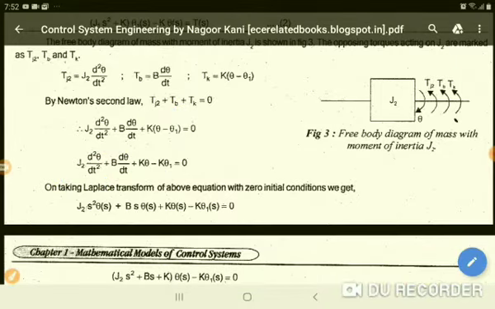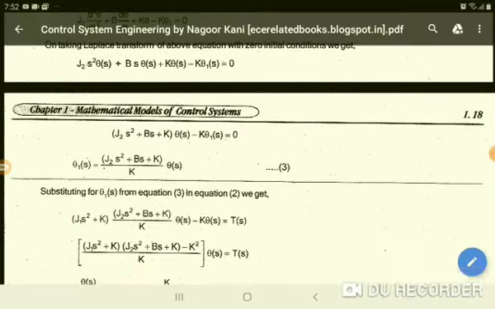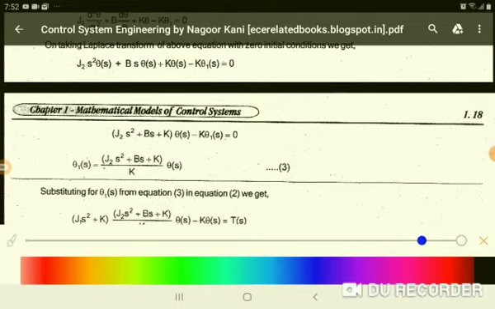By taking the Laplace transform with zero initial conditions, we get J2 s square theta of s plus B s theta of s plus K theta of s minus K theta 1 of s equals 0.